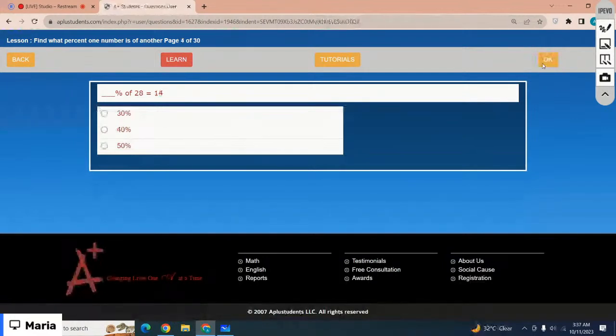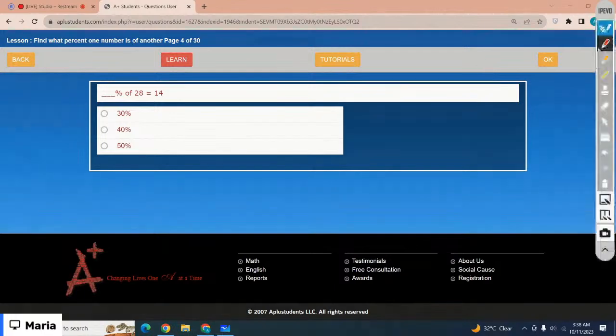What percent of 28 is 14? Simply do 14 by 28. Multiply by 100, right? That is 50%.